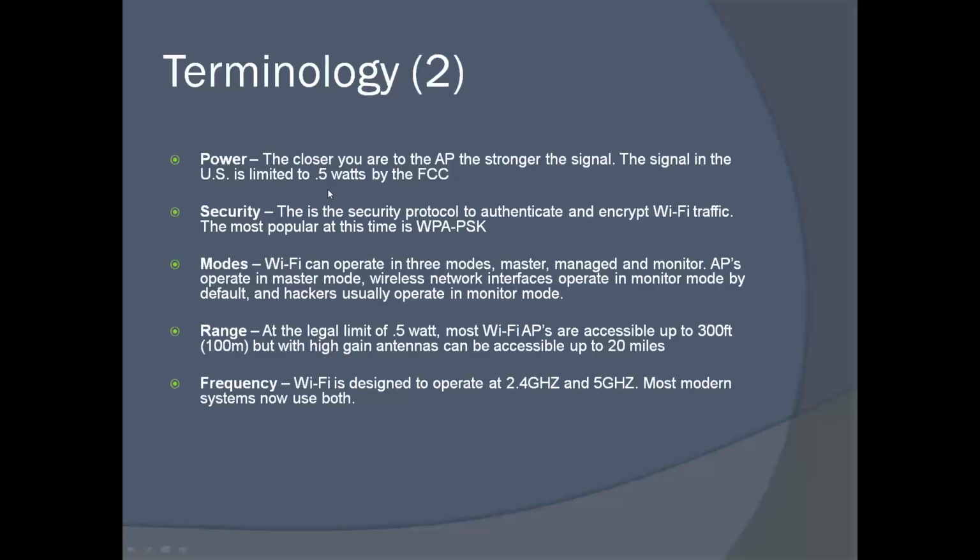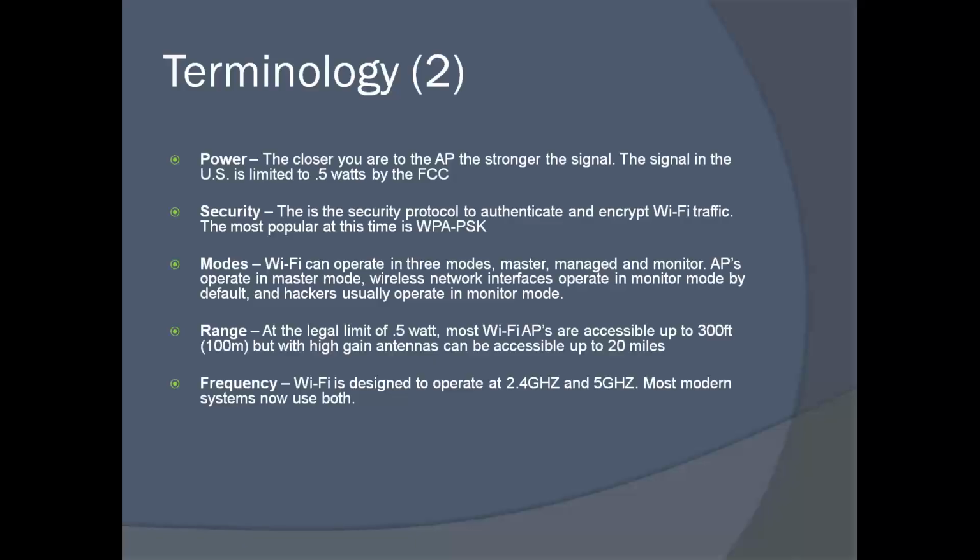As a hacker, you're not limited to that. That may be an advantage that you can use against the system. For instance, if you were to turn this up to, say, 2 watts on your system, by increasing the power to 2 watts, your AP will be the strongest signal around. That can be really useful in an evil twin attack.